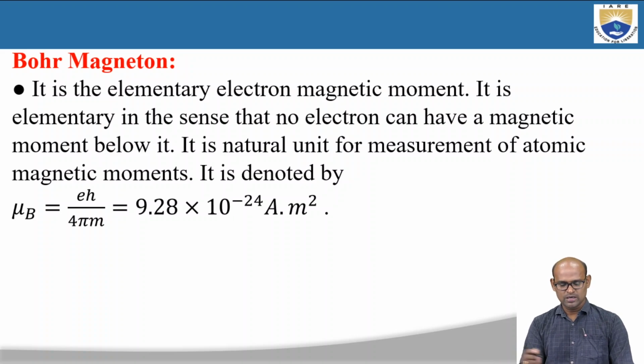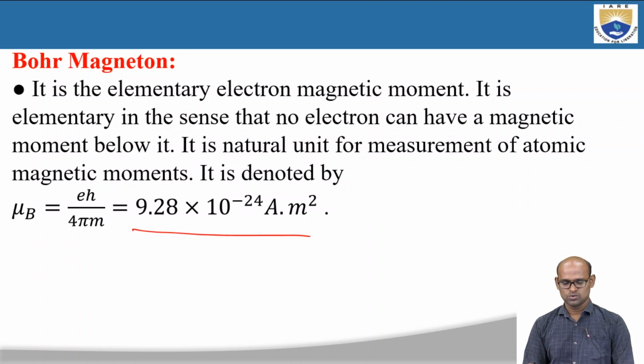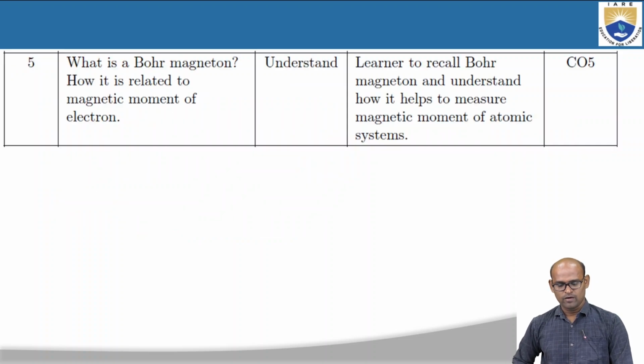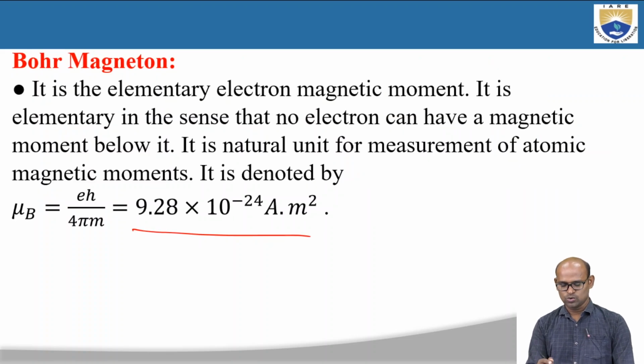It is denoted by mu B, which is equal to eh by 4 pi m, and the value of the Bohr magneton is this. So how is it related to the magnetic moment?